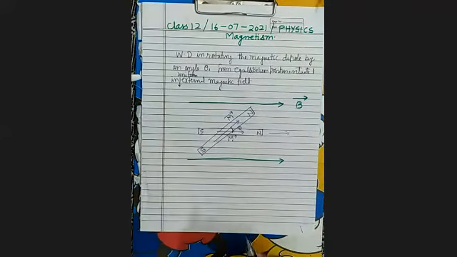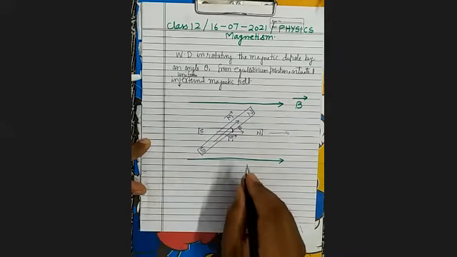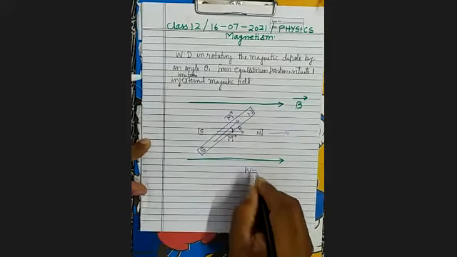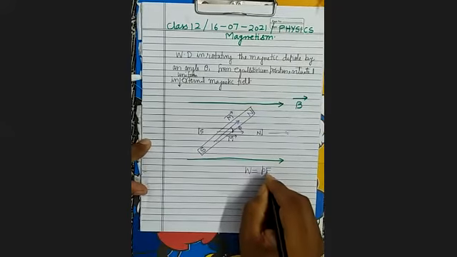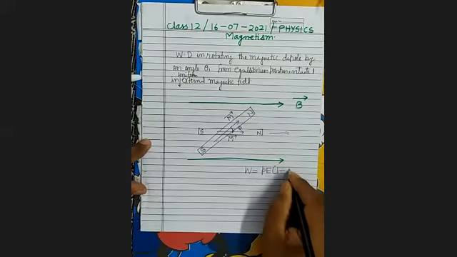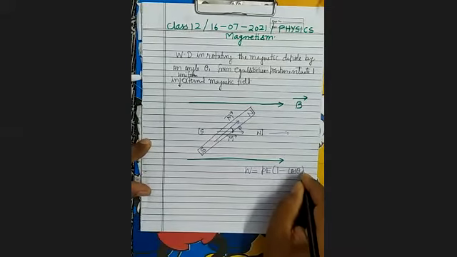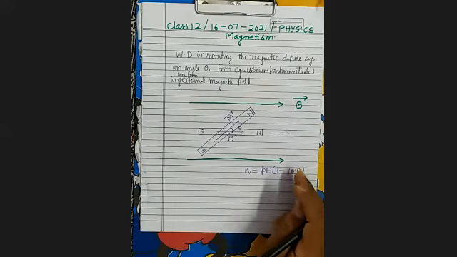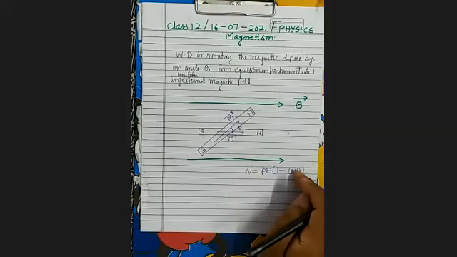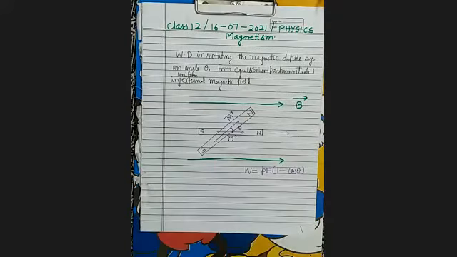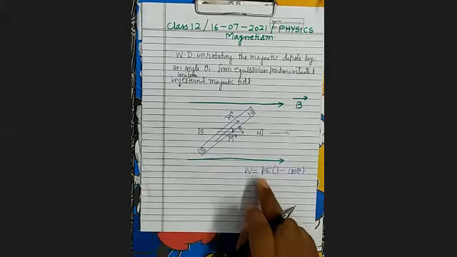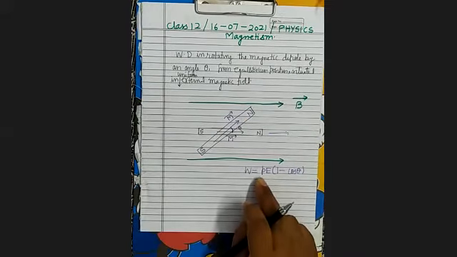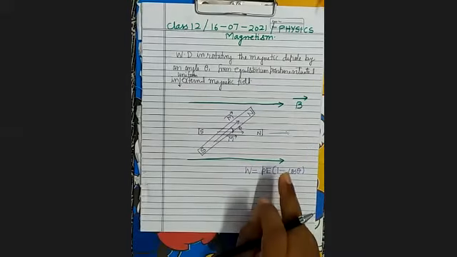So in case of the electric dipole, in the same situation, you have seen that the work done is W equals to PE(1 minus cos theta). Here we will translate this formula in magnetostatics in terms of magnetic terms.